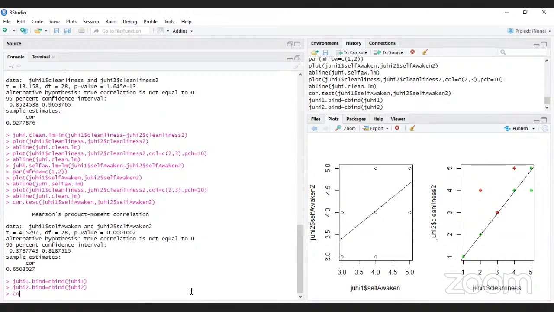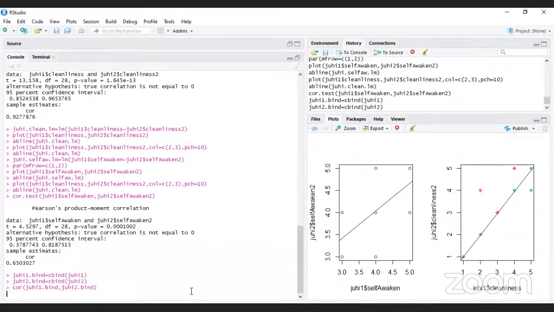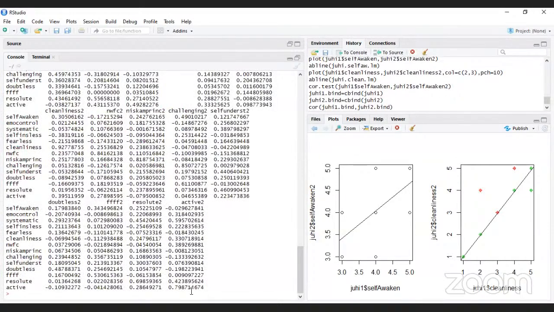Then if I write score, correlation of two sets: one is juhi1.bind, another one juhi2.bind. So I will get the correlation matrix. Okay.